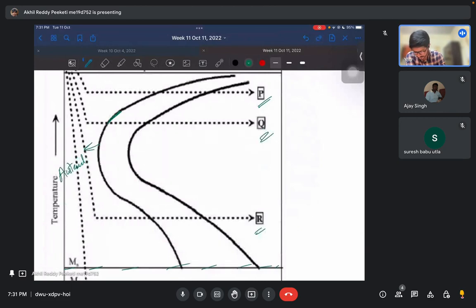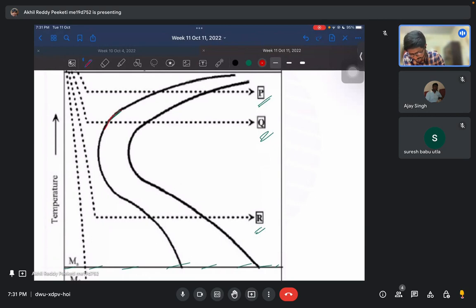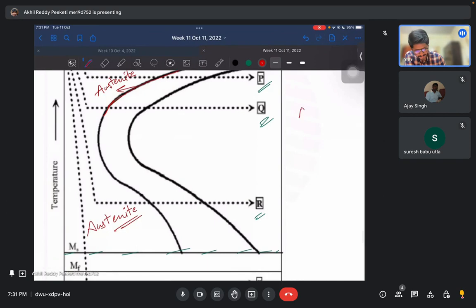To the left of this graph, it will be austenite anywhere. And austenite is unstable at room temperature.